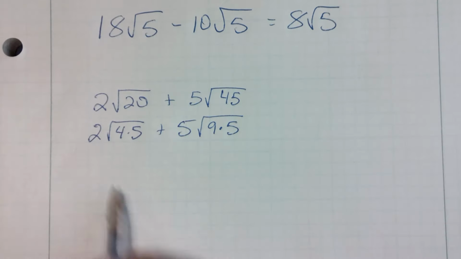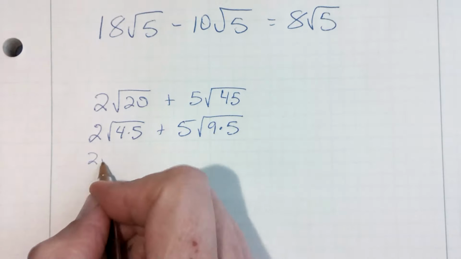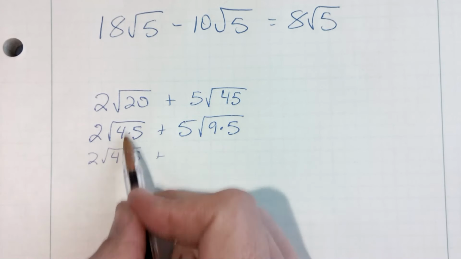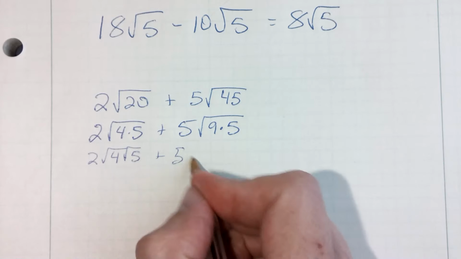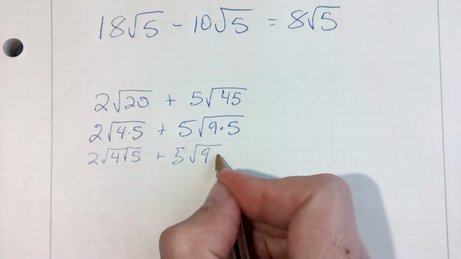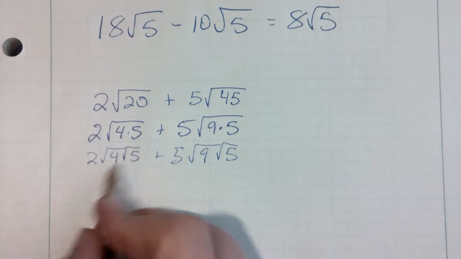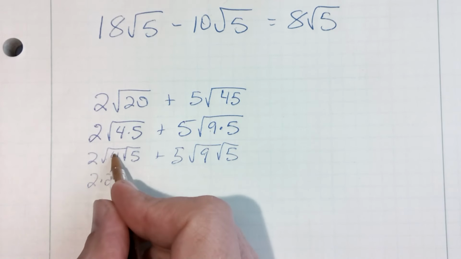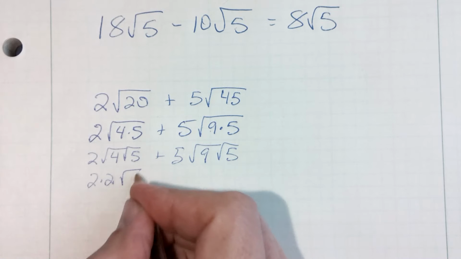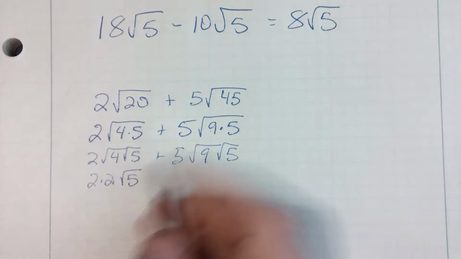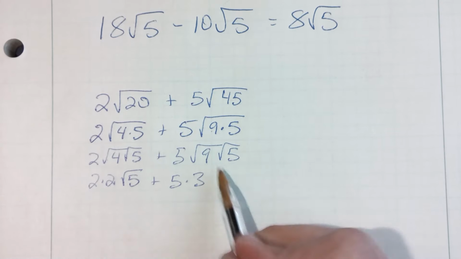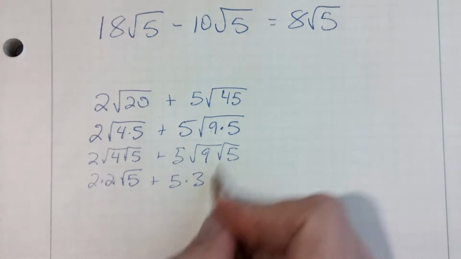Now I notice that I can square root the 4 in that first radical, and I can square root the 9 in the second radical, which gives me a 2 times a 2. Square root of 4 is 2. Don't forget that we're actually square rooting the 4, leaving a square root of 5, plus 5 times 3, because the square root of 9 is 3, and then I leave that square root of 5.